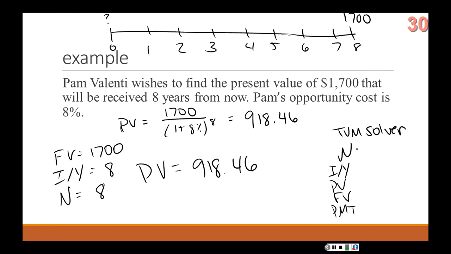And all you have to do, N would be 8, the interest rate would be 8, again a whole number. We are wanting to find the present value, so we just skip that one. Scroll down to future value and type in 1700 and make sure that 0 is in for payment. Scroll back up to your present value and you push alpha and enter. And it will solve for the present value for you. And you should get $918.46.